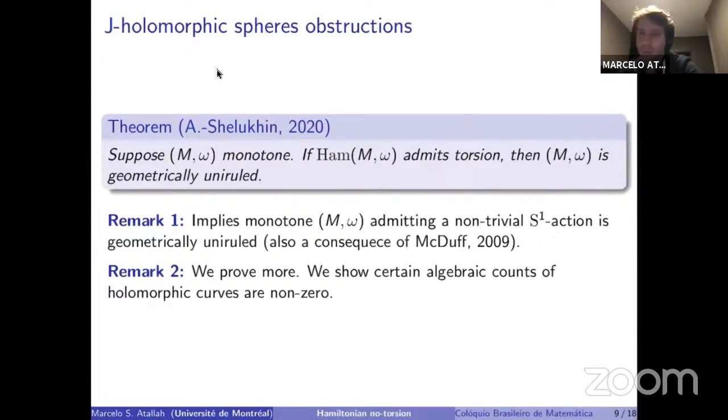Secondly, we actually prove a little bit more than what's stated in this theorem. We show that certain algebraic counts of holomorphic curves are non-zero, and that's what implies geometric uniruledness. We prove another sort of uniruledness, which implies geometric uniruledness.